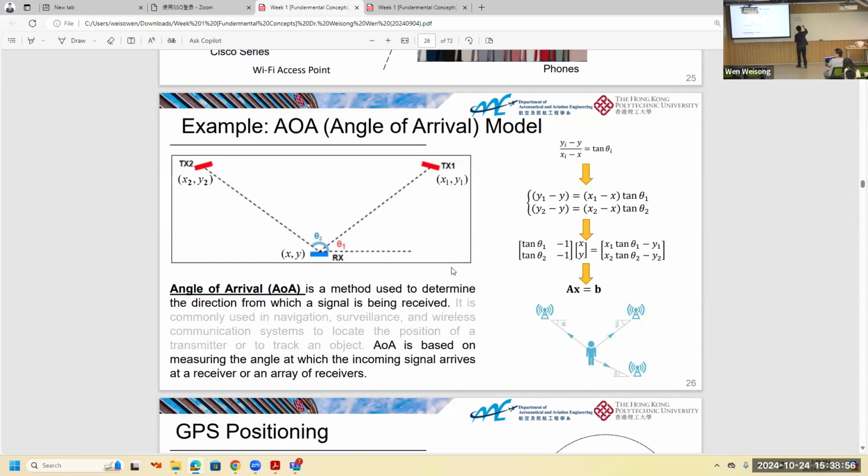For example, if the question is like this: this is transmitter 1 and transmitter 2, at positions x1, y1 and x2, y2. This angle is theta 1 and this angle is theta 2.